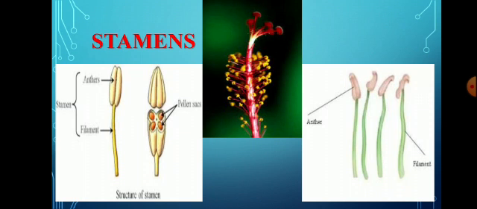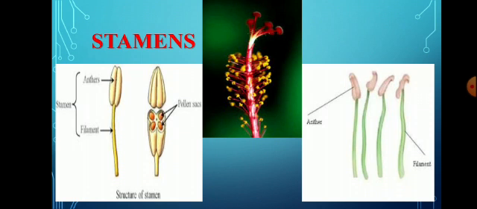The yellow part is the anther. The red, needle-like structure is the filament. The anther and filament, these two parts are called the stamen. These are the long and slender parts of the flower that become visible upon removing the petals and sepals of the flower.